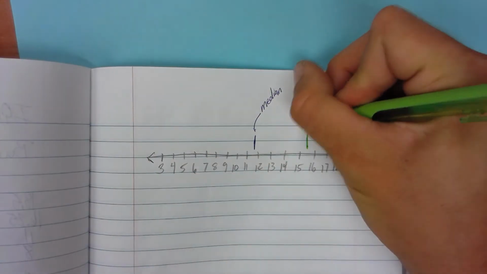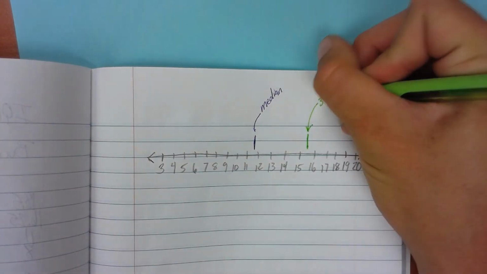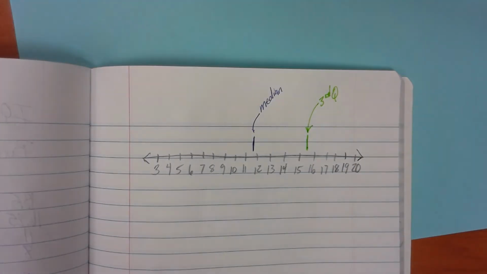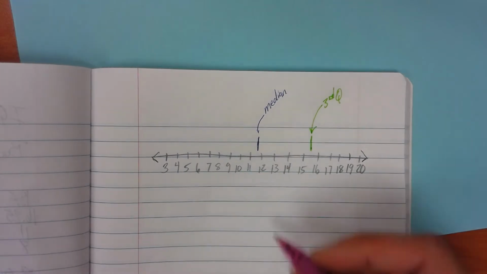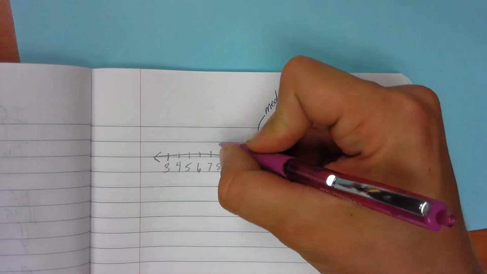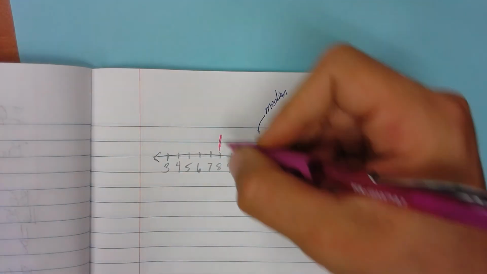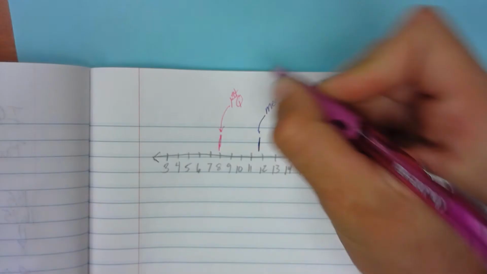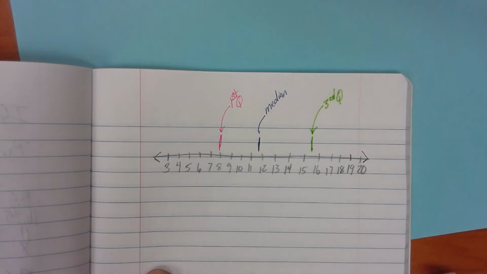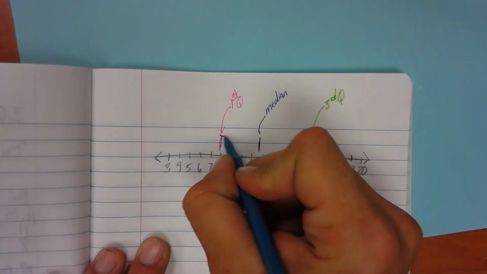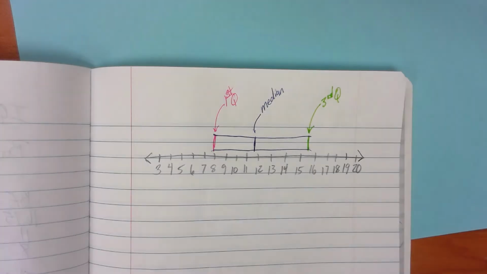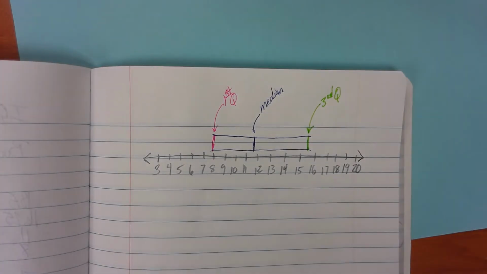This is my third Q. And then my first quartile was 8. So I'm drawing my vertical line here. Now this is the box part of a box and whisker. Just like a cat, it needs to have its whiskers also.